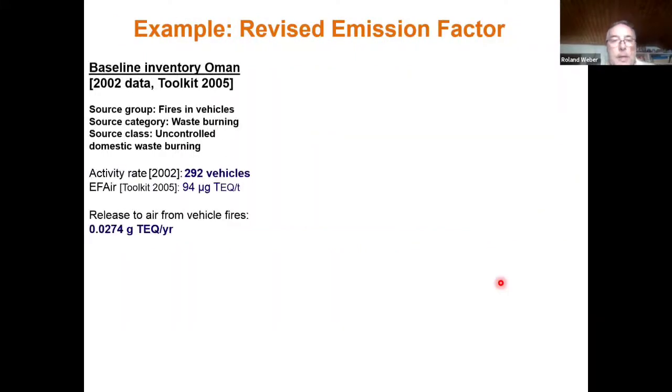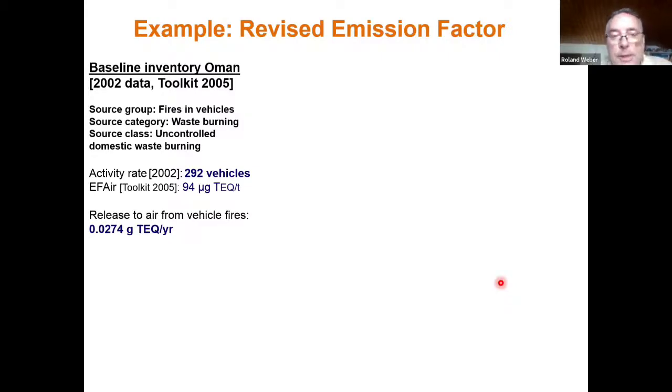I already had a bit of a look into your inventory in Oman, and I will just take one example. When you did your first inventory, you took the data for vehicle fires from your 2002 data. At that time, you had 292 vehicles which were destroyed by fires or which had a fire.